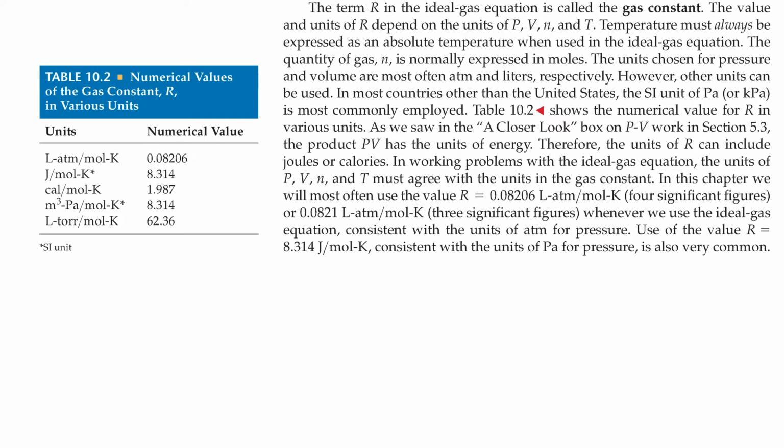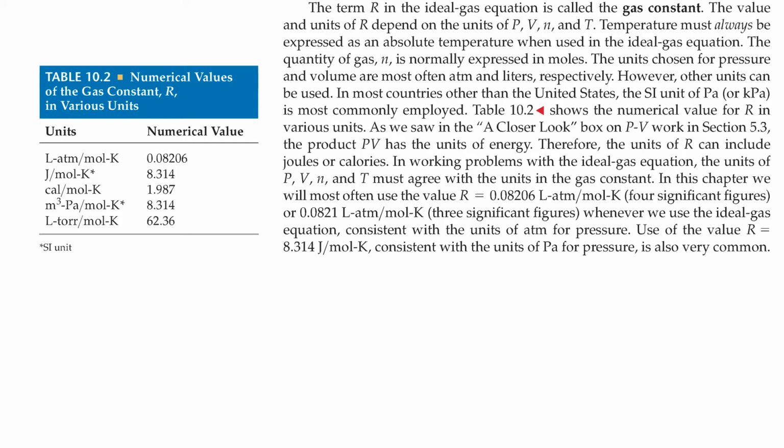As we saw in the Closer Look box on PV work in Section 5.3, the product of pressure times volume has the units of energy. Therefore, the units of R can include joules or calories. In working problems with the ideal gas equation, the units of pressure, volume, moles, and temperature must agree with the units in the gas constant.